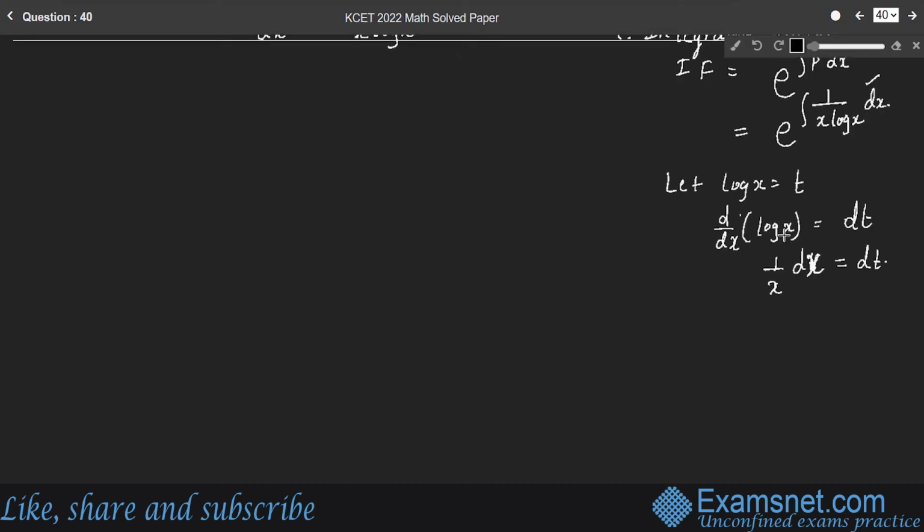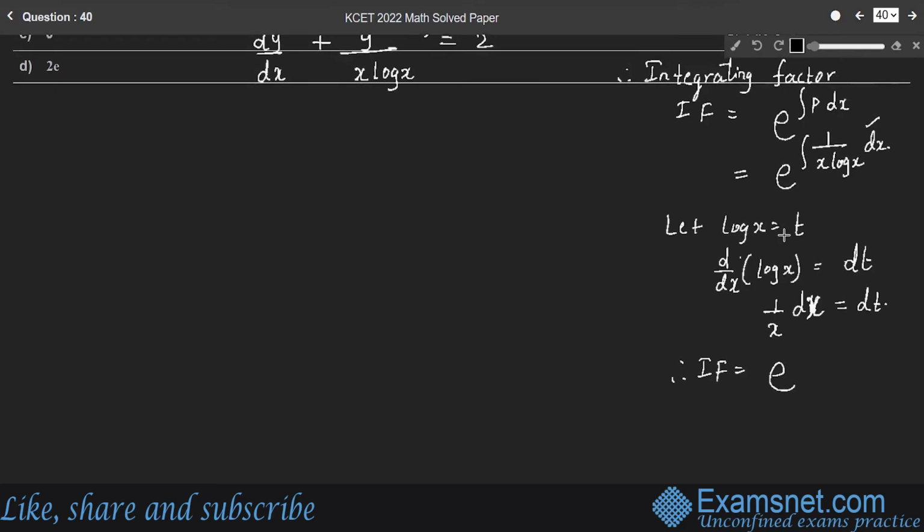Therefore, integrating factor becomes e raised to integral, 1 by x dx, in this part we'll write dt, right? dt divided by log x. So we have assumed it as t, right?